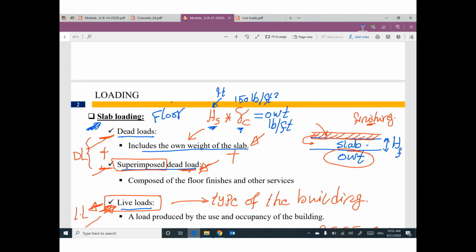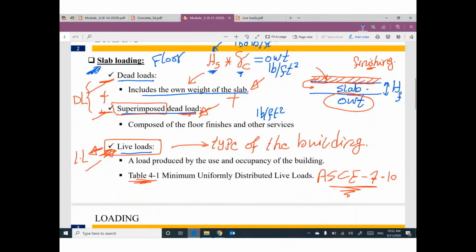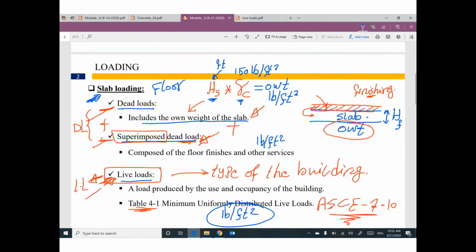Superimposed dead load will be given most of the time as pounds per square foot. The live load from this table will be pounds per square foot. So the own weight can be calculated. Most of the time it will not be given, but the thickness of a slab will be given. So if you multiply this thickness in feet, remember, in feet, times gamma concrete, which is 150.